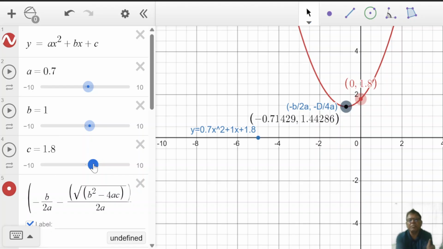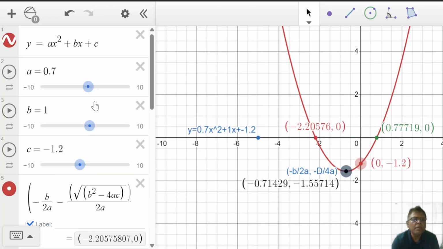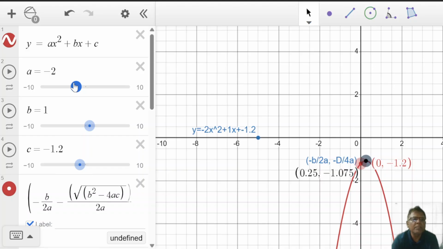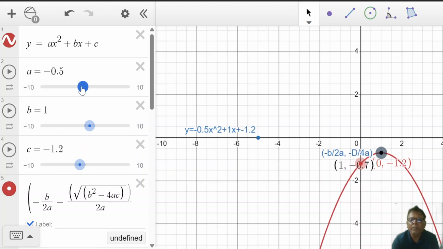If a is positive and b square minus 4ac is negative, then there will be no root and the total graph will be above the x-axis. If a is negative, then it is concave downward, and b square minus 4ac is also negative, then the total graph will be below the x-axis. Therefore, there won't be any root.